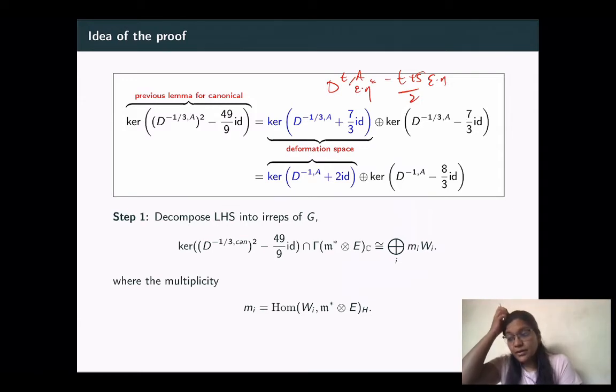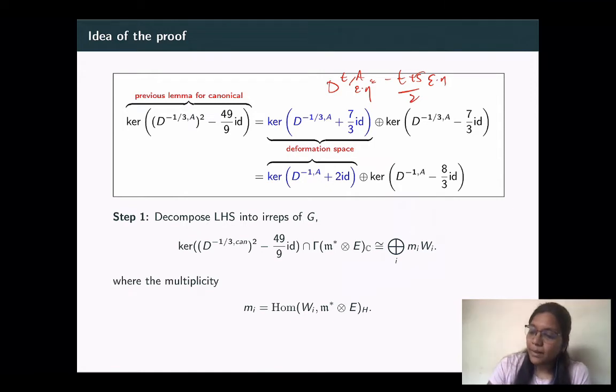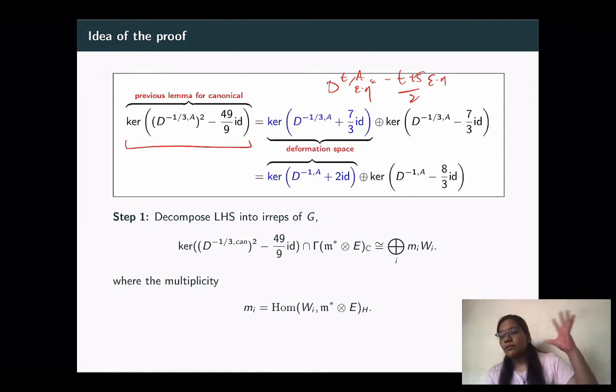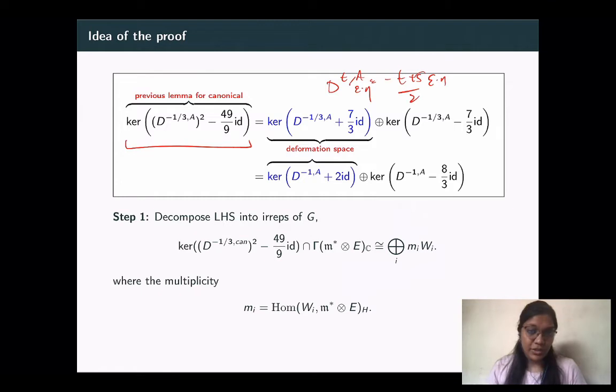So we are interested in the first summand, but we have only computed this. So now we need to figure out which of the epsilons in the lambda square eigenspace of the Dirac square are in the deformation space. And for that, first of all, we have this decomposition of the space of sections in the kernel of Dirac square, and here this mi is the multiplicity of the representation wi.